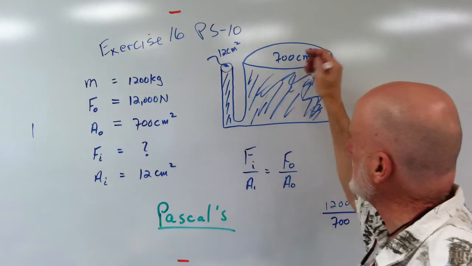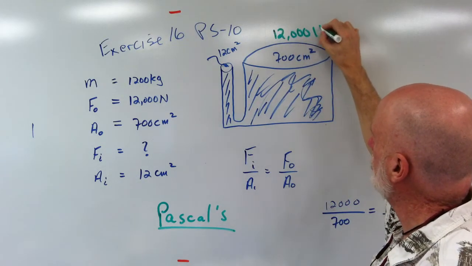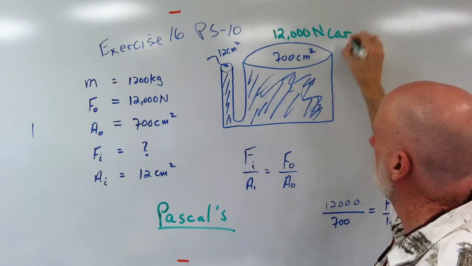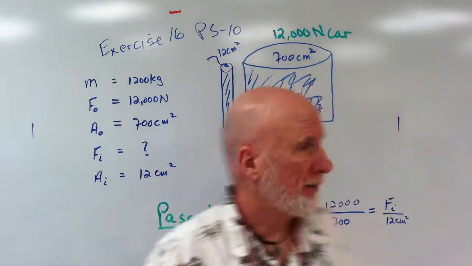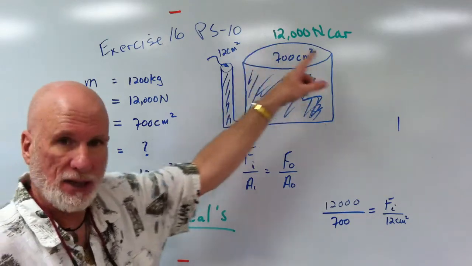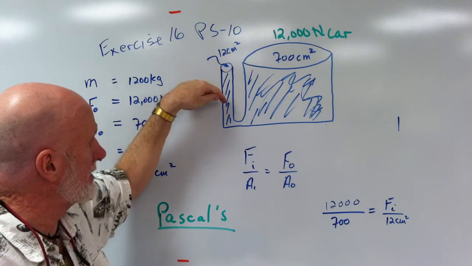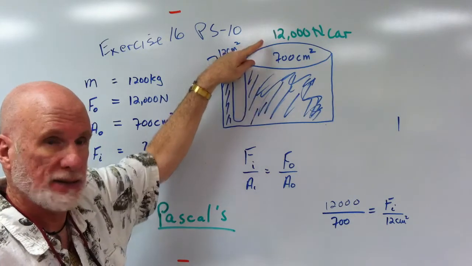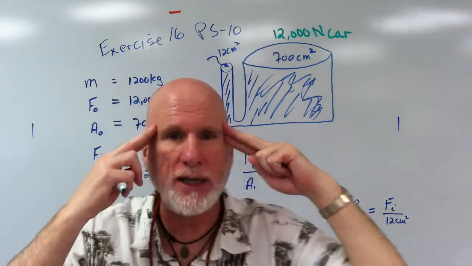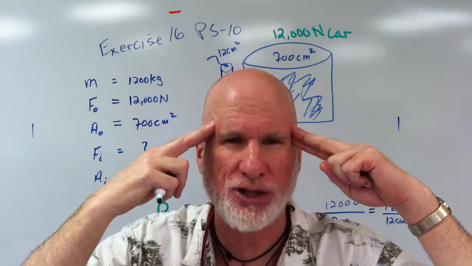Well, I want to raise a 12,000 Newton car. I want to put a 12,000 Newton car on this piston here, and I want to push down this to raise this. Now, we're not talking about height or length or DI or DO.